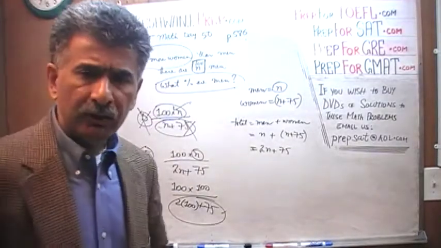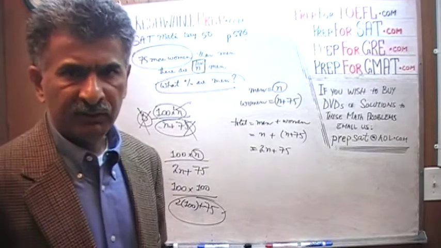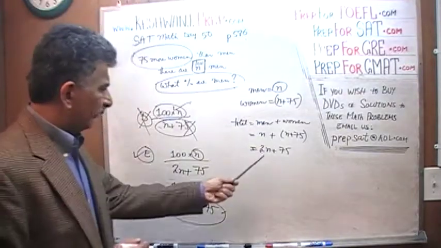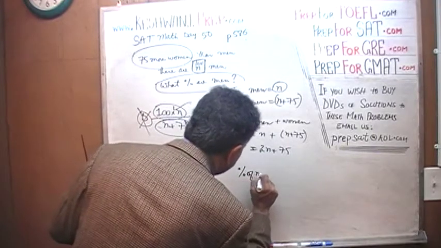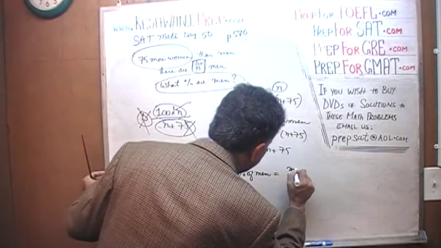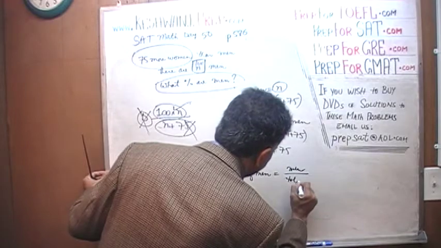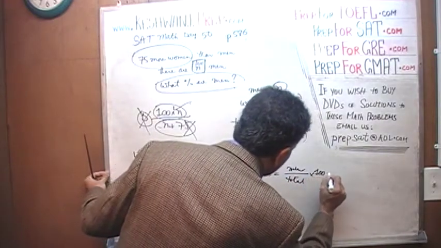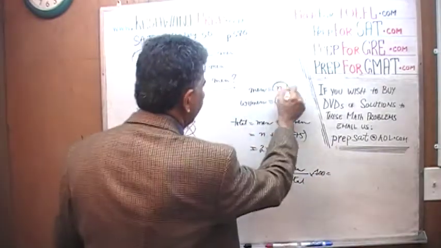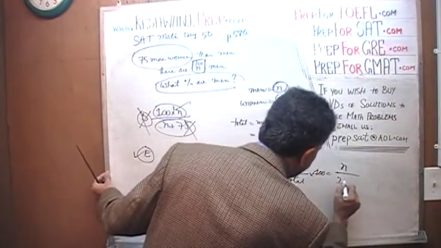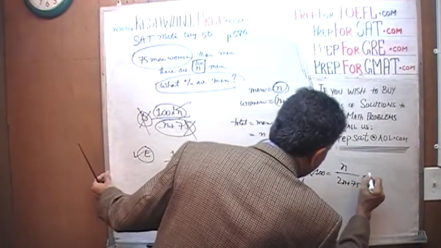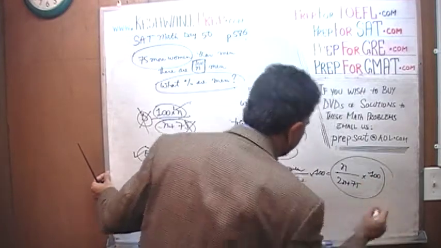Of course, if you combine two n's, you're going to get 2n. That was rather philosophical of me, wasn't it? So that's your total, and therefore the percentage of men is going to be the number of men over the total times 100, which is n over the total, which is 2n plus 75, times 100. There you go.